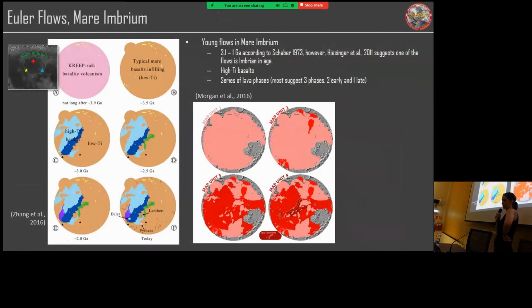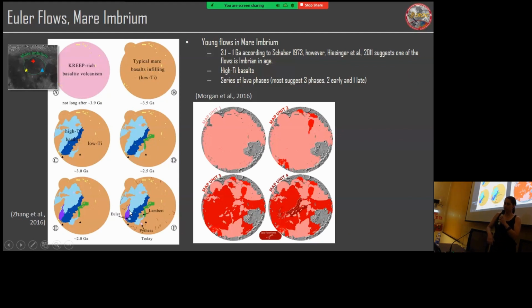Well, what's neat about Imbrium is that we have these younger flows. One of them is called the Euler flows. There are also some a little bit south of the Euler, manifesting from the Lambert area, but most of the flows that we're looking at that cross Dorsum Zirkel are from a source by Euler crater, which is located right here.